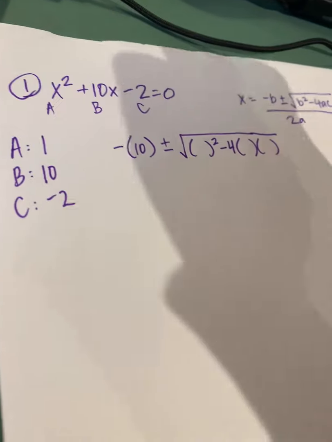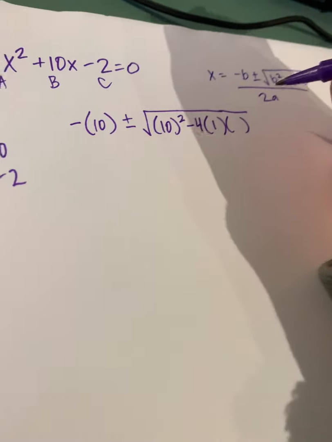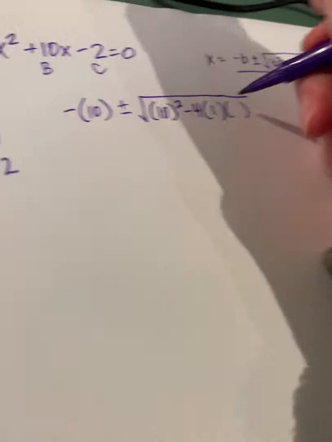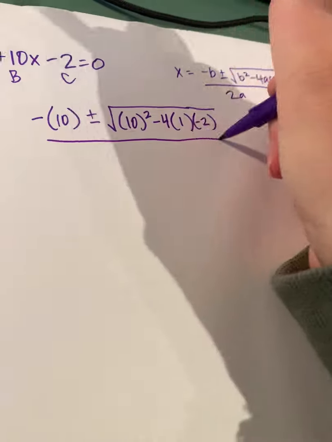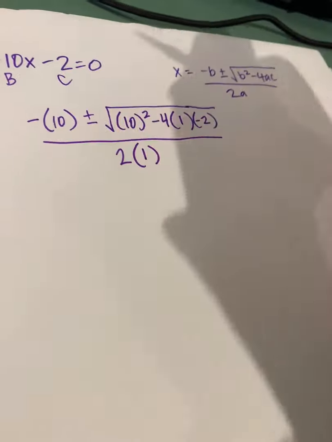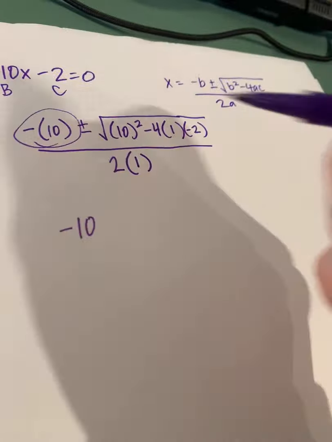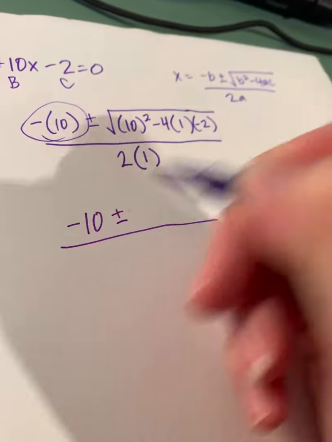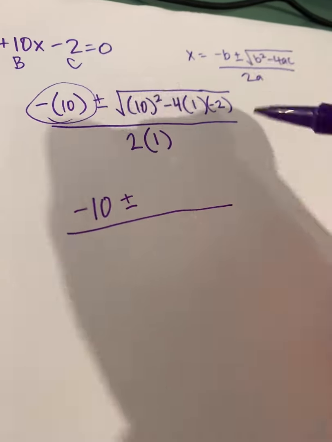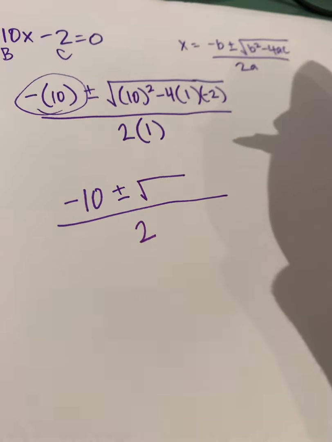So b is 10, b squared minus 4 times a, which is 1, and c is negative 2, all over 2 times a, which is 1. So this part here becomes negative 10 plus or minus the square root, and then 2 times 1 is 2 on the bottom.